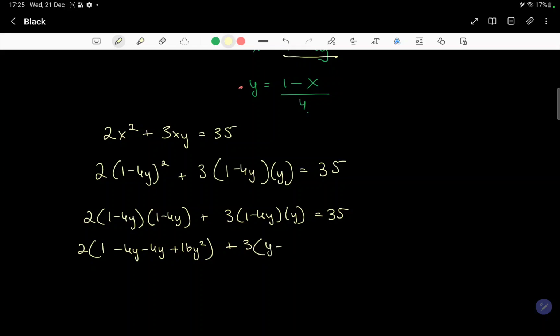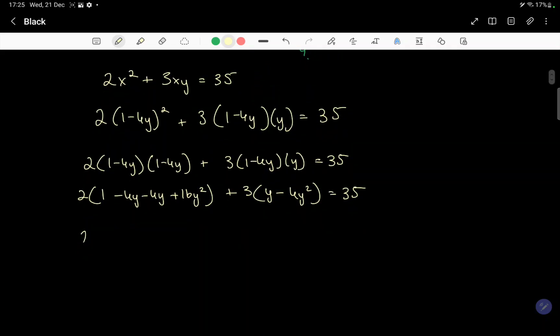It's going to be y minus 4y squared equals 35. Now we're going to multiply the 2 in. 2 minus 8y minus 8y plus 32y squared plus 3y minus 12y squared equals 35.